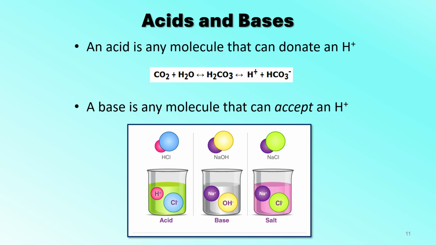So if we are mildly alkalotic, any carbonic acid in solution will donate a proton in order to create more acid. A base, on the other hand, is a molecule that can receive or accept a proton. For instance, here, NaOH is a base. That's because when it dissolves, it forms these OHs. They love to react with protons to create water. Thus, it will reduce the concentration of H pluses in the solution. So acids and bases.